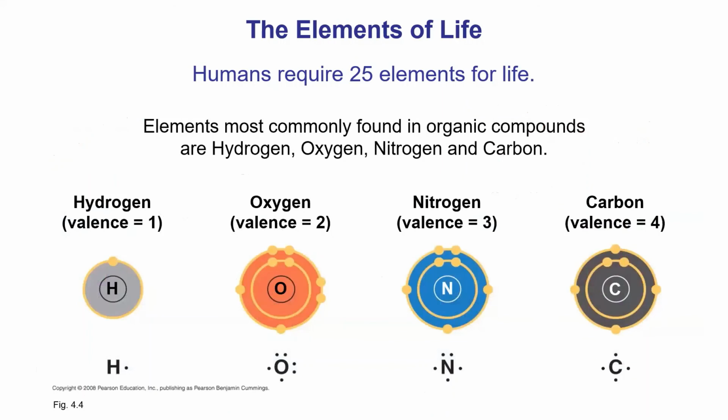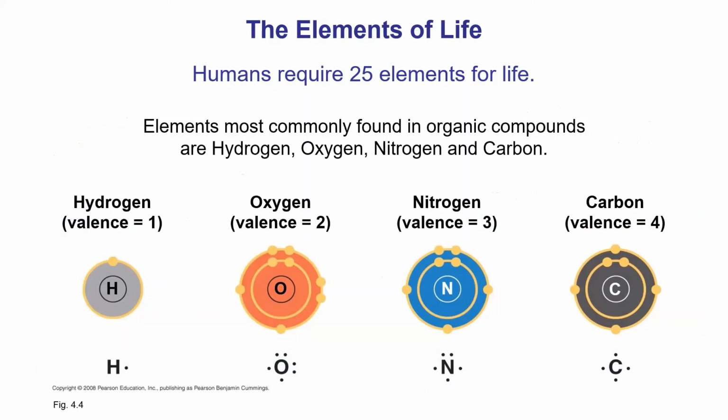Not to scare you too much, but here's a little bit more chemistry for you. You may remember this word valence. This is showing the valence of those 4 elements. By valence, I mean how many electrons are able to bond in the outermost electron orbital shell.